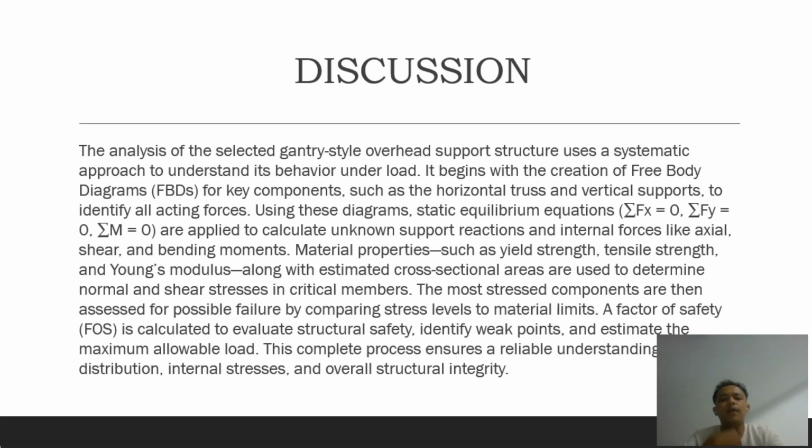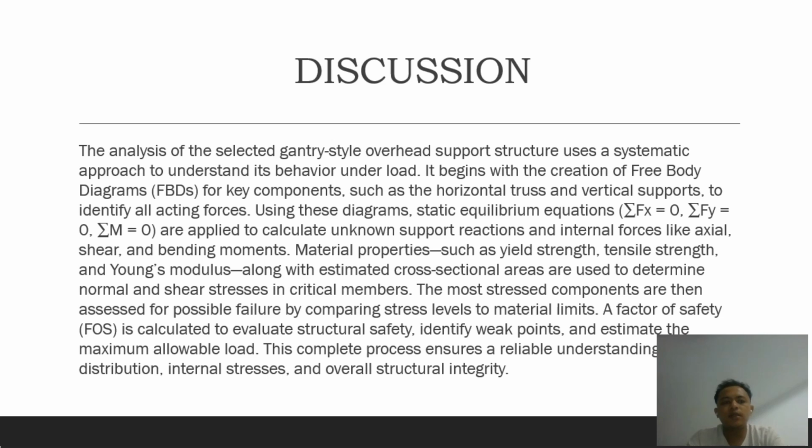Using this diagram, the static equilibrium equations Fx equals 0, Fy equals 0, M equals 0 are applied to calculate unknown support reactions and internal forces like axial, shear, and bending moments.